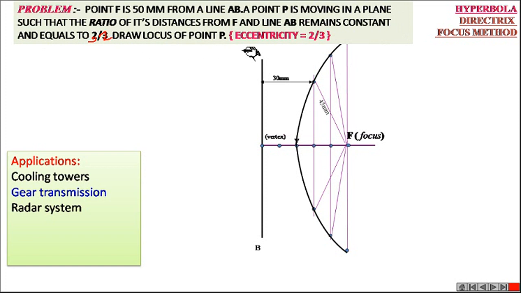Draw the locus of point P when the eccentricity is 3 by 2. So for an eccentricity of 3 by 2, we have to draw the locus of a point, and that is nothing but the hyperbola. That is what we have seen just now. Okay, so we'll stop here.